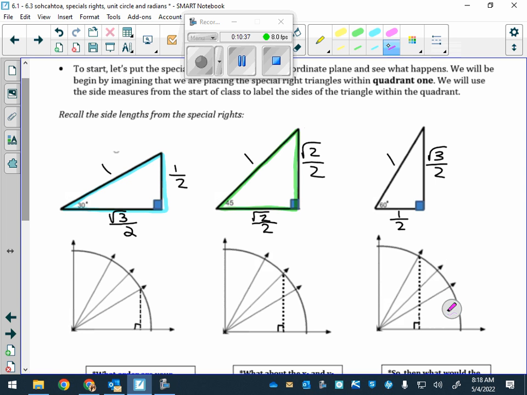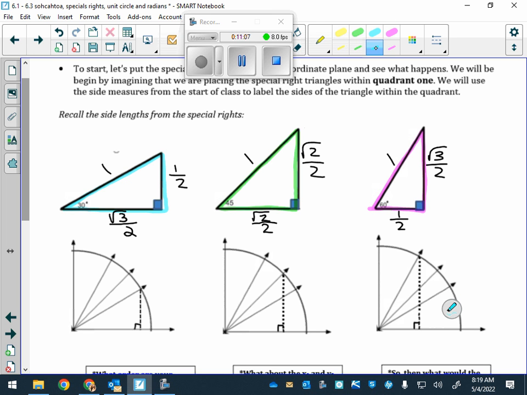And for 60, choose your last color. As long as you can see the colors, you might have to do thicker lines around it so you can see the different colors. I'm using blue for 30, green for 45, and pink purple for 60.